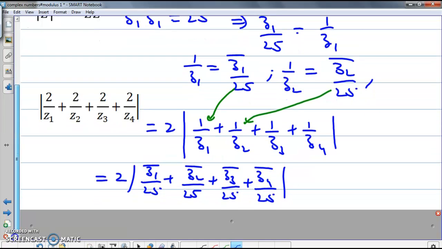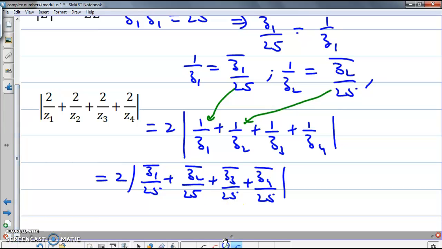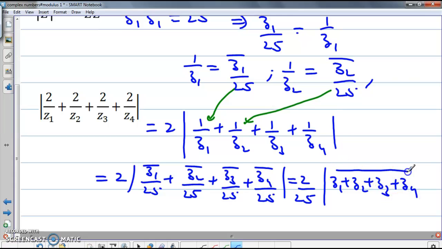Now take 25 common, we get 2 upon 25 times z1 conjugate plus z2 conjugate plus z3 conjugate plus z4 conjugate, which is equal to z1 plus z2 plus z3 plus z4 whole conjugate using properties of conjugate.